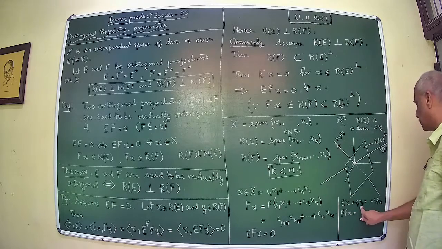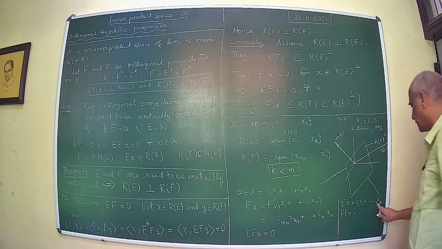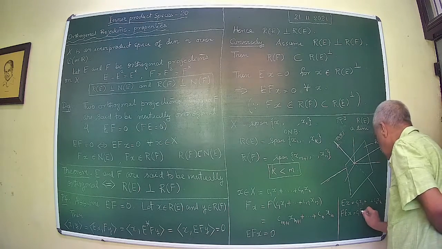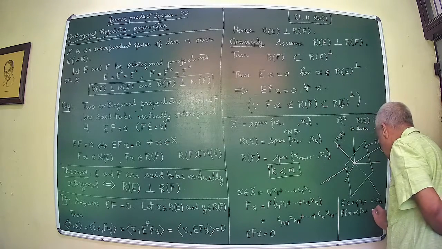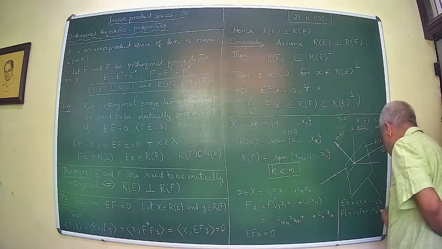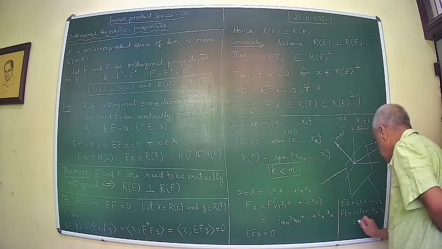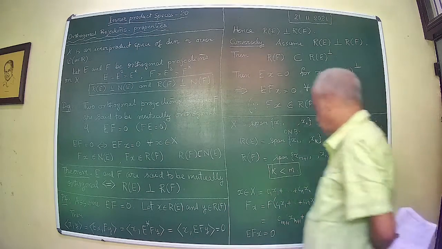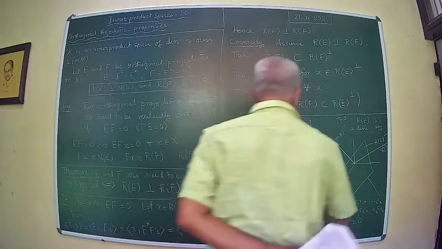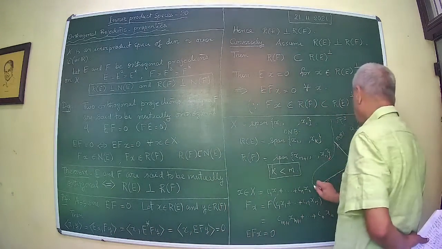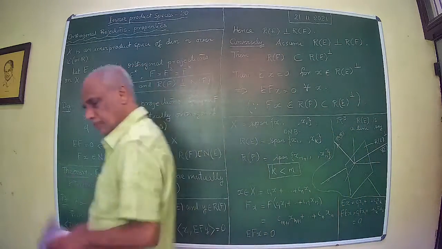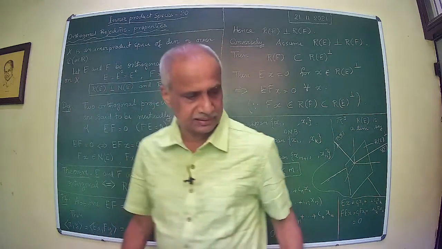F of x1 is 0, etc., F of xk equals 0, and this is equal to 0. So EF equals 0, FE equals 0. So this is a more general scenario that you have. We shall need this result later.